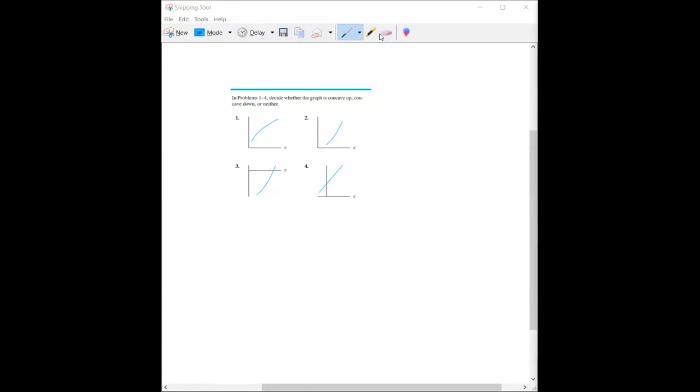Let's start with this. Concave up, concave down, neither. What do you guys think? What about for number 1? Yes.